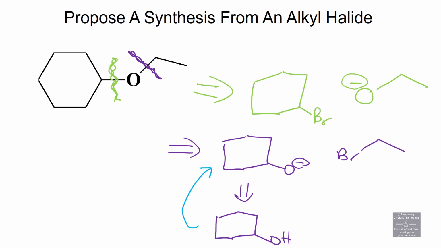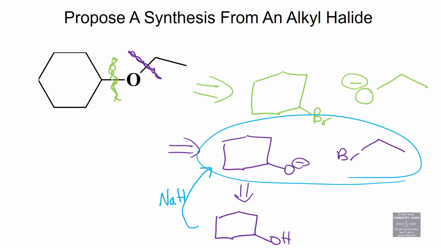You'll need to present the base that you use to turn that thing anionic. For example, NaH is a fabulous base for deprotonating an alcohol like that. Then you put these together and the magic will happen to make your product. All right. Good deal. Sn2, that's a wrap.